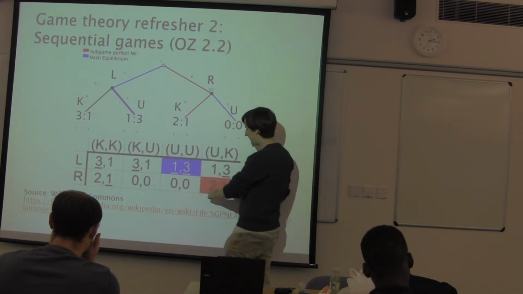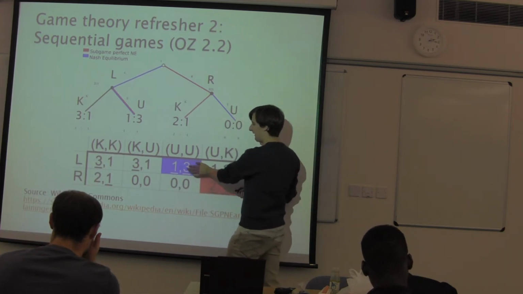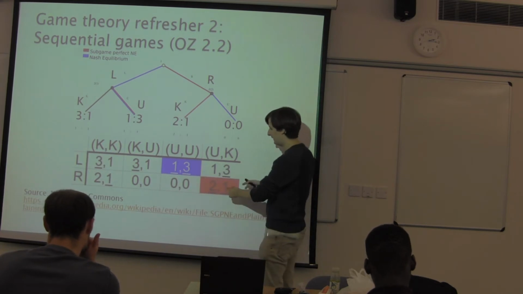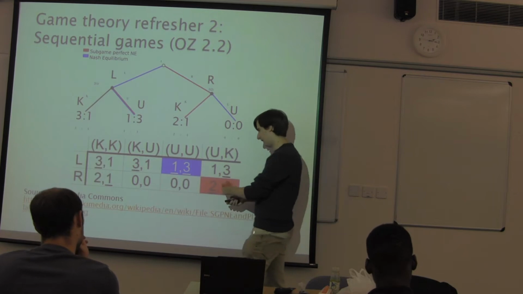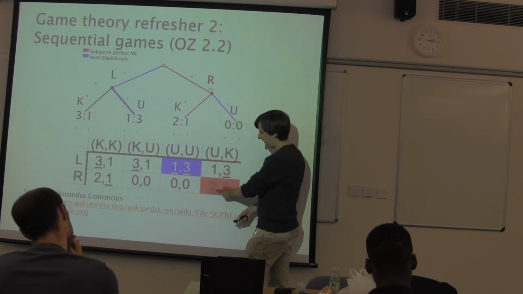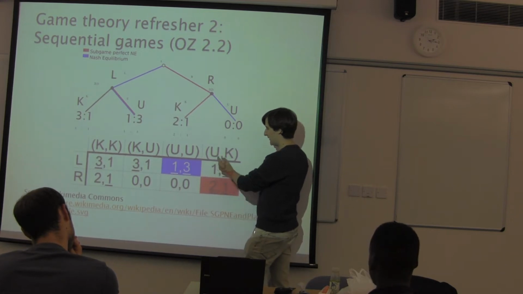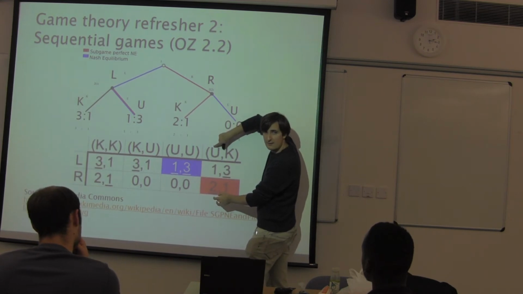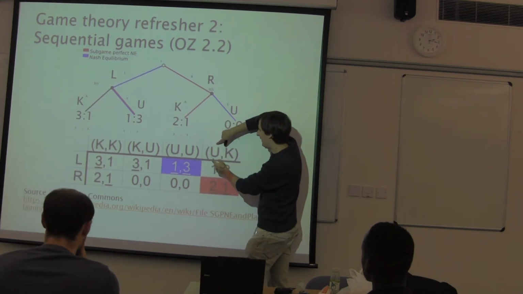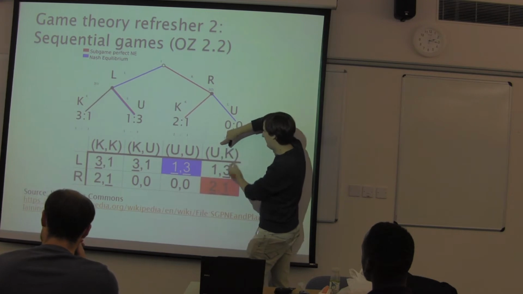We were saying that these two things were Nash equilibria, and the way you check is you just check that neither player wants to deviate in either case. Here, the row player is choosing between L or R. Given the column player is committing to play U if they play L and K if they play R, their choice is between 2 and 1.